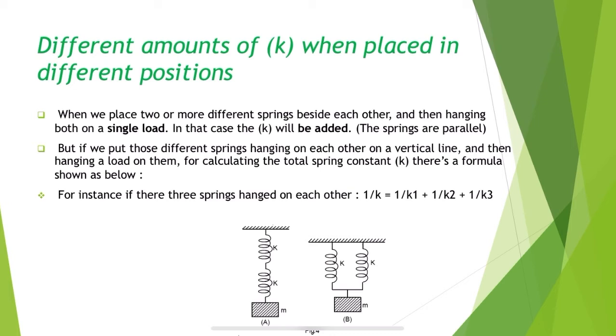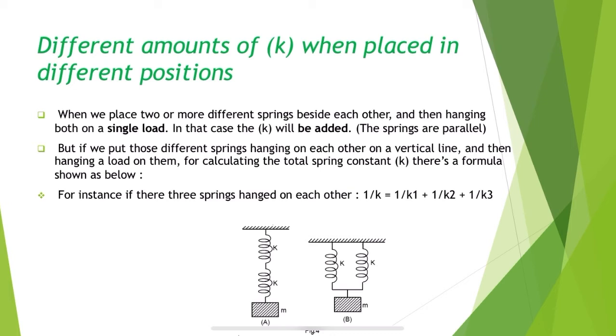But pay attention, if we put those different springs, two or more, no difference, hanging on each other, not beside each other, hanging on each other on a vertical line, as you can see in the left picture, and then hang a load on them, for calculating the total spring constant there is a formula shown below.